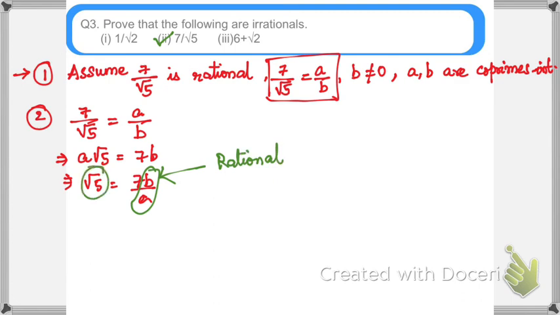But this root 5 is irrational, and this irrational number cannot be equal to this rational, so this is a contradiction. Therefore 7 by root 5 is also irrational and our assumption was wrong. Moving to the next question.